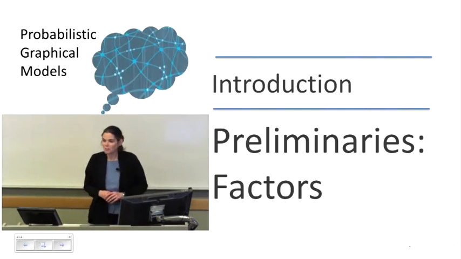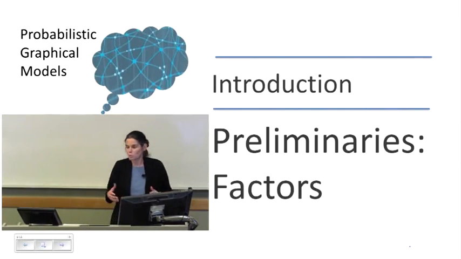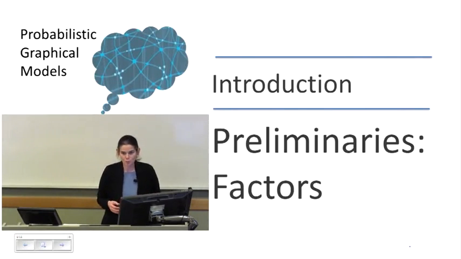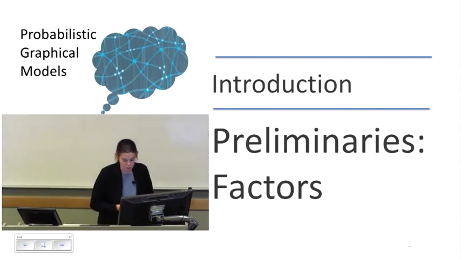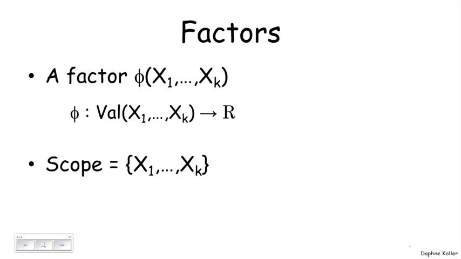A critical building block in a lot of what we'll do, both in terms of defining probability distributions and in terms of manipulating them for inference, is the notion of a factor. So let's define what a factor is and the kinds of operations that you can do on factors. So a factor really is a function or a table. It takes a bunch of arguments, in this case, a set of random variables, x1 up to xk, and just like any function, it gives us a value for every assignment to those random variables.